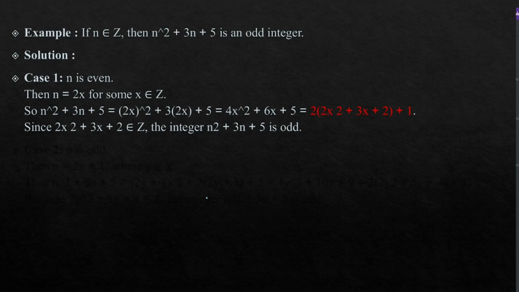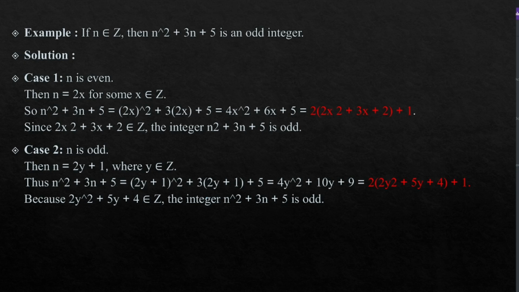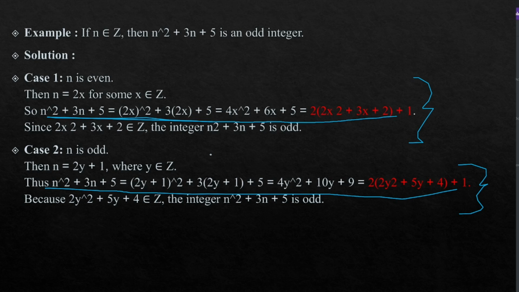The first case is when n is even, and the second case is when n is odd. The methodology here is the same, so this is already something you're familiar with. And it results, in both cases, in showing that this statement here is indeed odd, irrespective of n being either even or odd, and this is what we wanted.